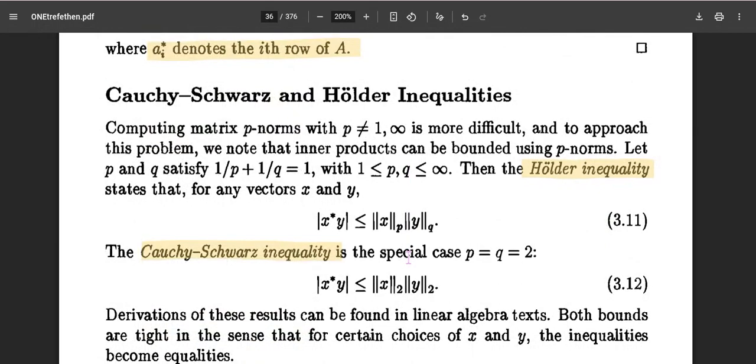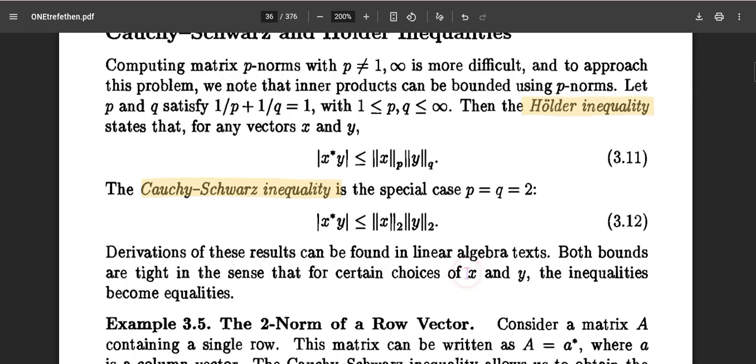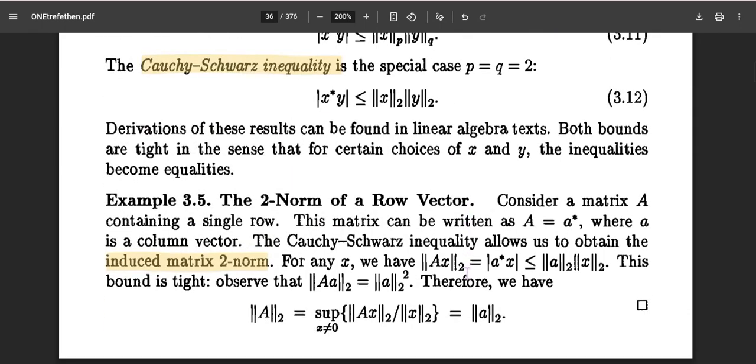Then we have the Cauchy-Schwarz inequality, based on Hölder's inequality, equations 3.11 and 3.12. For vectors with p-norm and q-norm, the inner product is less than or equal to the product of the norms. When p and q equal 2, it becomes the Cauchy-Schwarz inequality.